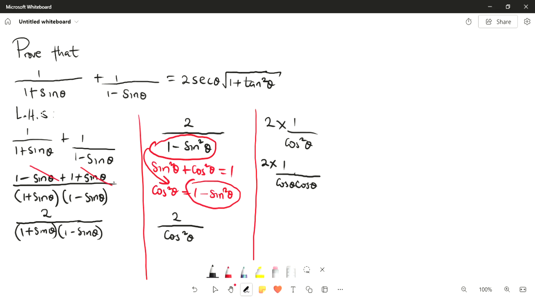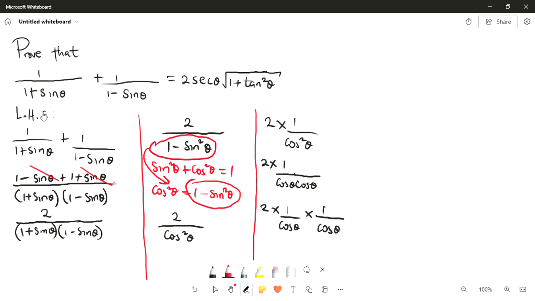And this can be written further as 2 times 1 over cos theta times 1 over cos theta, as they are the same, and they'll give you back 1 over cos theta times cos theta.